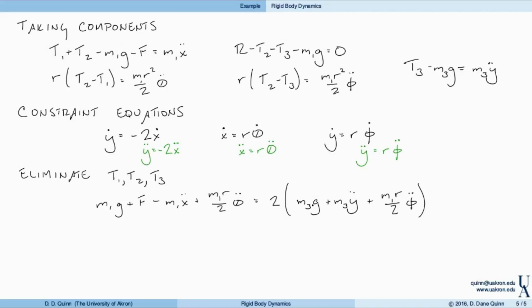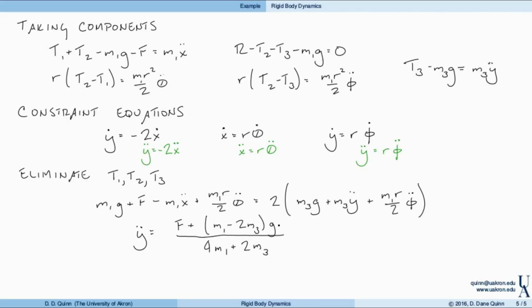And so here we have an equation that really only depends on the coordinates. And now I can use my constraint equations to solve for y double dot. So in doing so, we end up with y double dot equals F plus (M1 minus 2 M3) times G, and all of that divided by 4 M1 plus 2 M3.